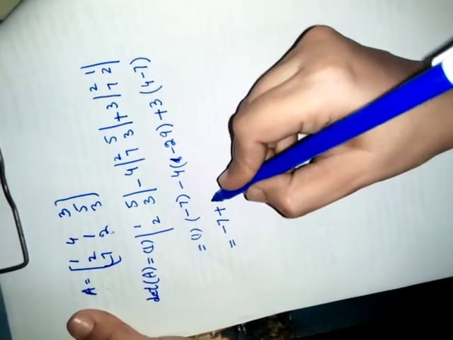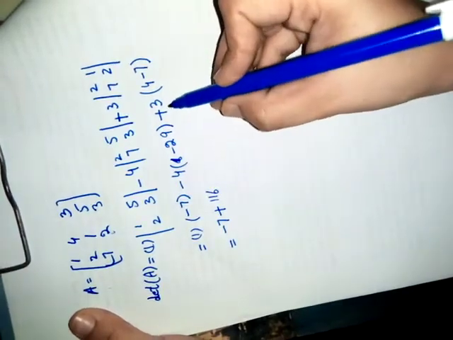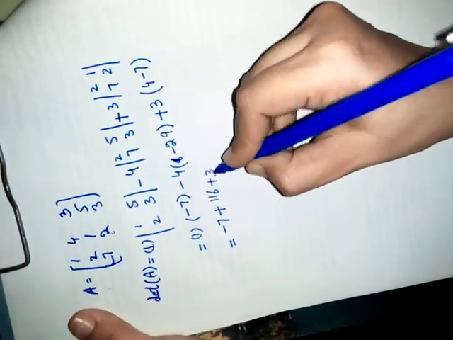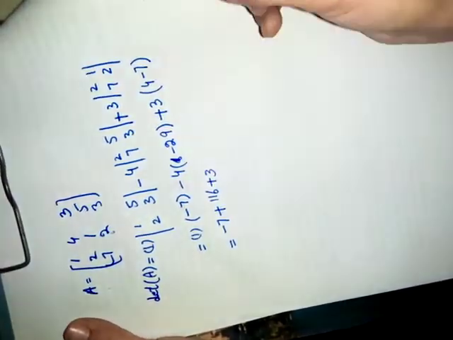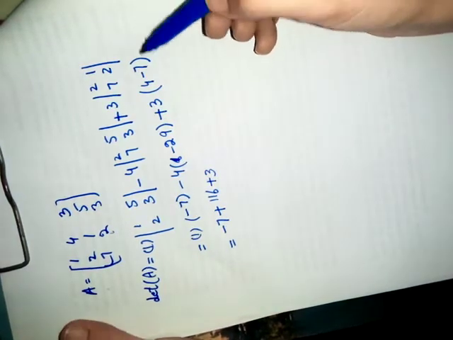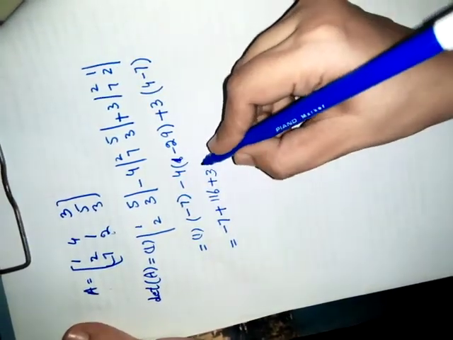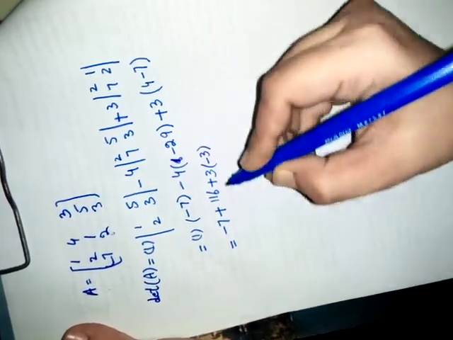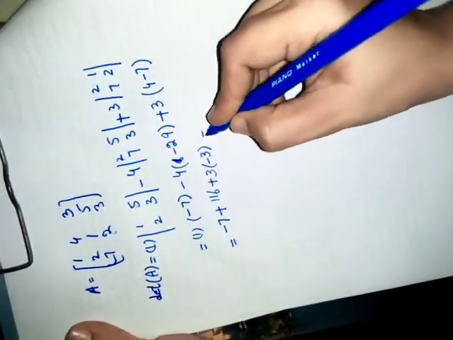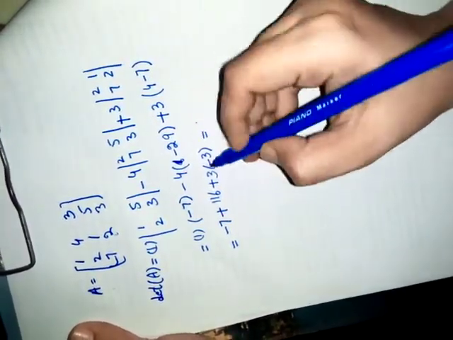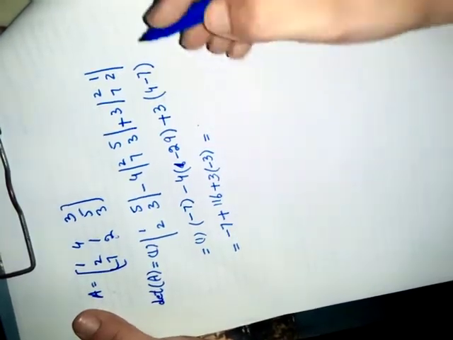One 16 plus 3, 4 minus 7, minus 3, 3 minus 3, it will be minus 9 minus 7.